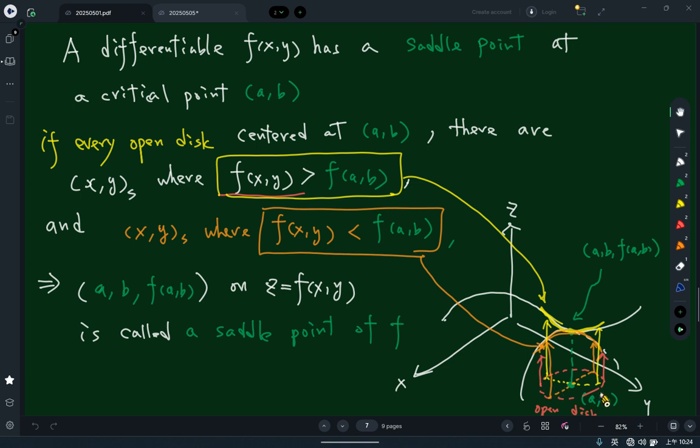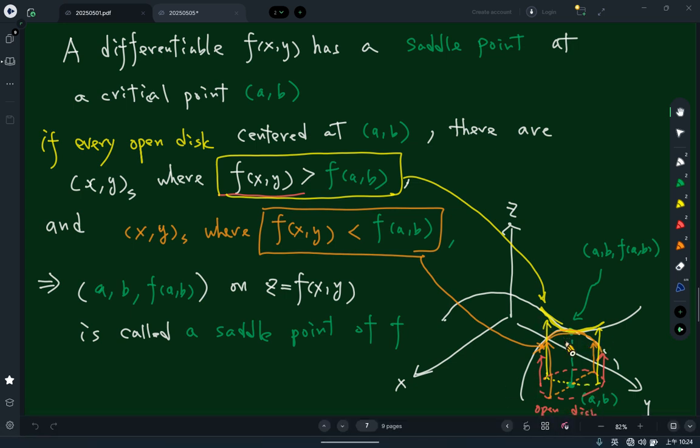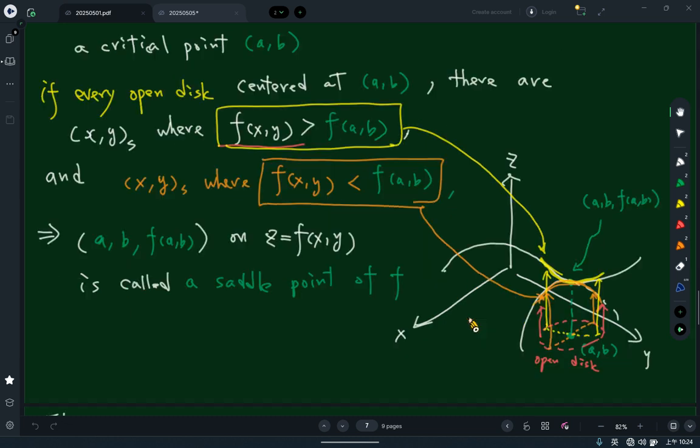However, if you follow this other path, you can see f of a, b provides a local minima value. In such a case, we call it a saddle point. So a saddle point cannot provide a local maxima value or local minima value, but just along some special paths it can. For the open region, you cannot say it provides a maxima value or minimum value.